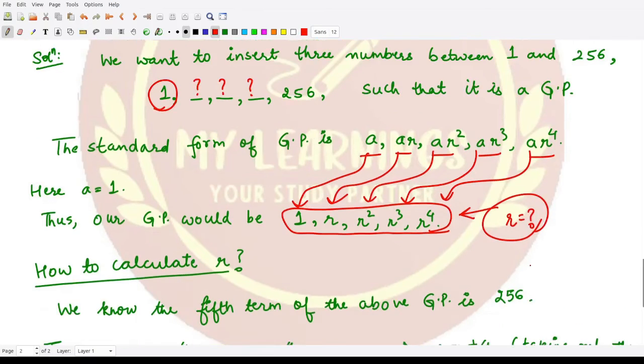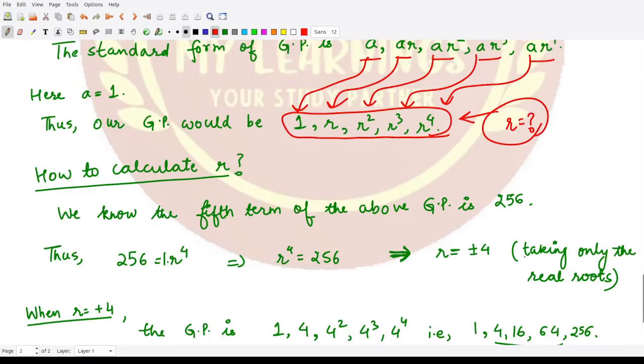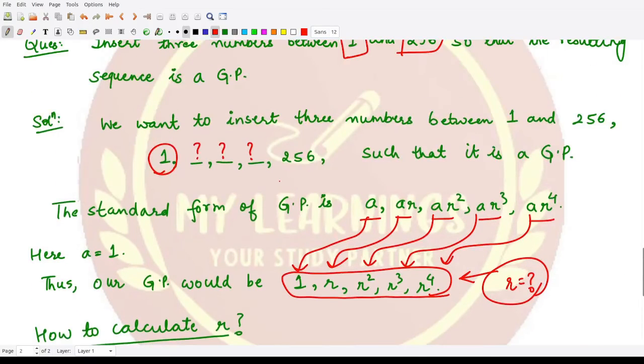Here notice that we know the first term, and we know the 5th term. We have used the first term. What about the fifth term? We know the fifth term here is 256, which means, by comparing with the standard GP, this r raised to power 4 is 256.